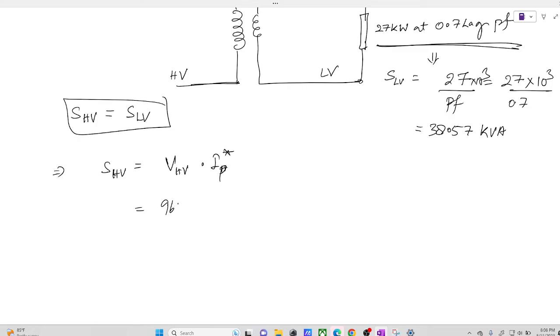What are you getting? Or 3.17. IP you are getting as 40.17 amps. Okay. So secondary, what will be the secondary current? Similarly, they have asked for the secondary current.